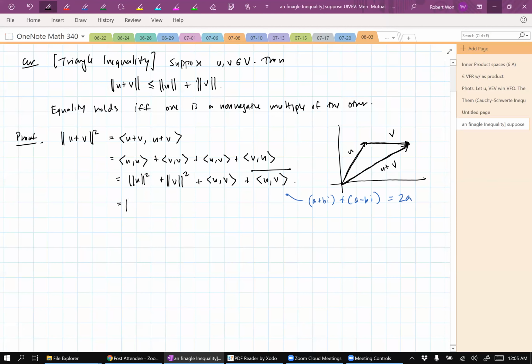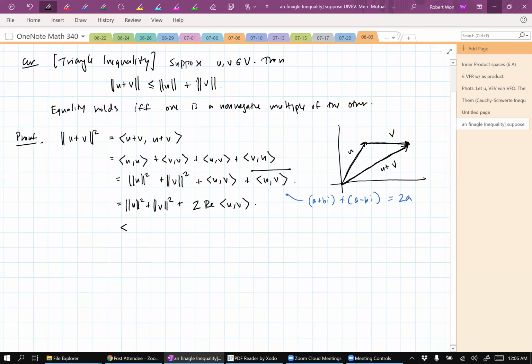So this thing is actually the norm of u squared plus the norm of v squared plus 2 times the real part of the inner product of u and v. Again, if you were working over R, then you would just get 2 times the inner product of u and v. But if you're working over C, you get 2 times the real part.